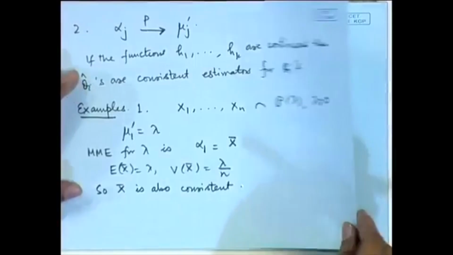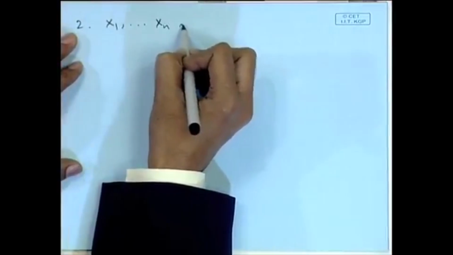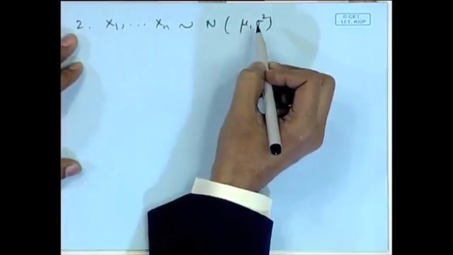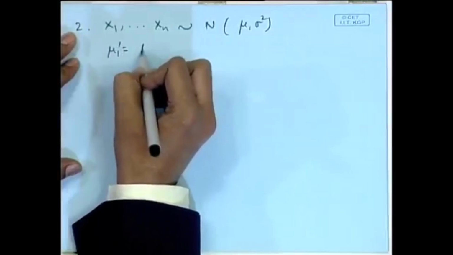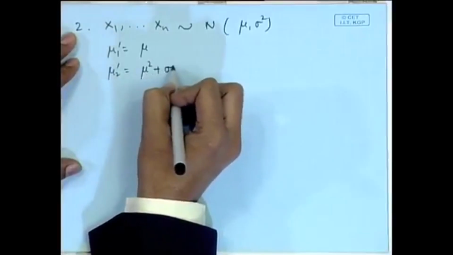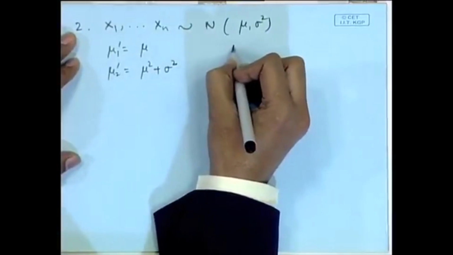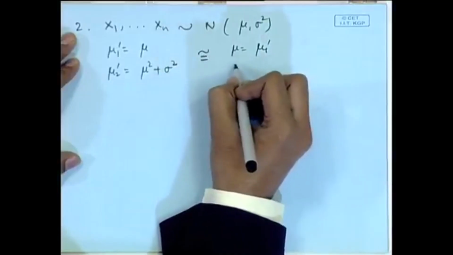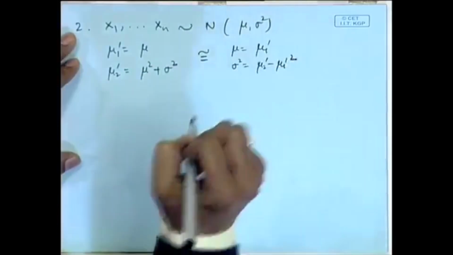Let me take another example. Say x 1, x 2, ..., x n follow normal mu, sigma square. Now, this is a two parameter situation. So, we will write two moments. So, mu 1 prime is equal to mu. What is mu 2 prime? Mu 2 prime is mu square plus sigma square, that is the second moment. So, from here mu is equal to mu 1 prime, and sigma square is equal to mu 2 prime minus mu 1 prime square.